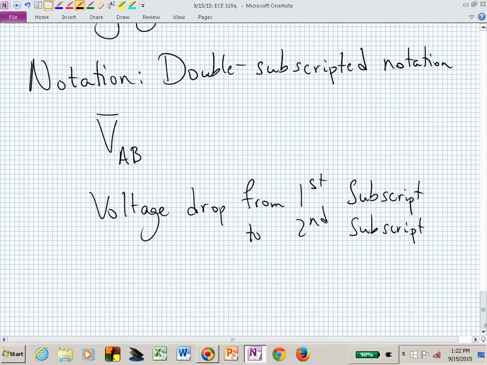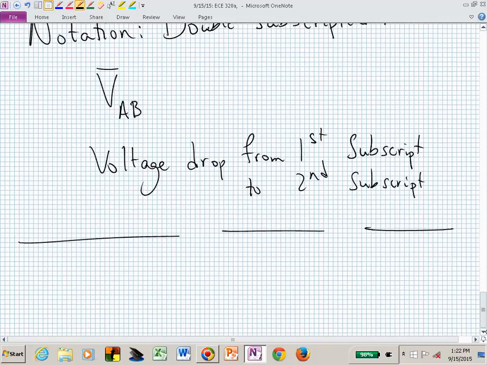With that notation, let's now see if we can derive or verify or justify how we can extract a single phase equivalent from a three-phase circuit.